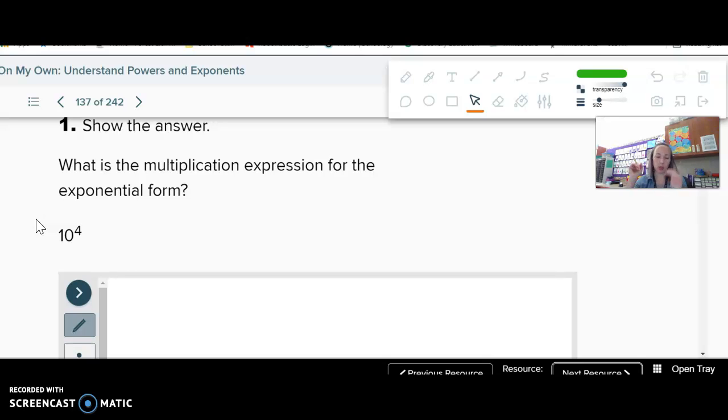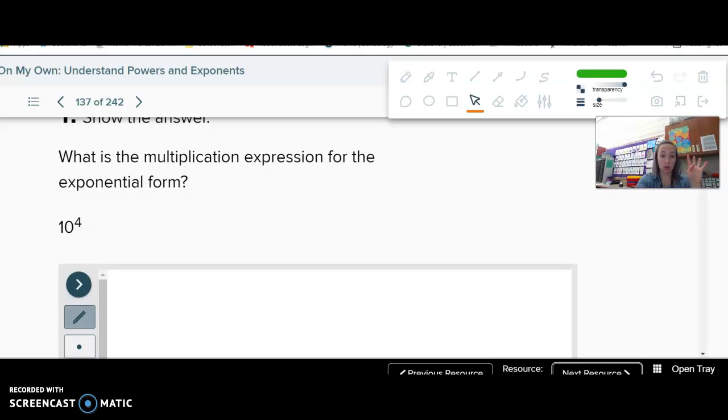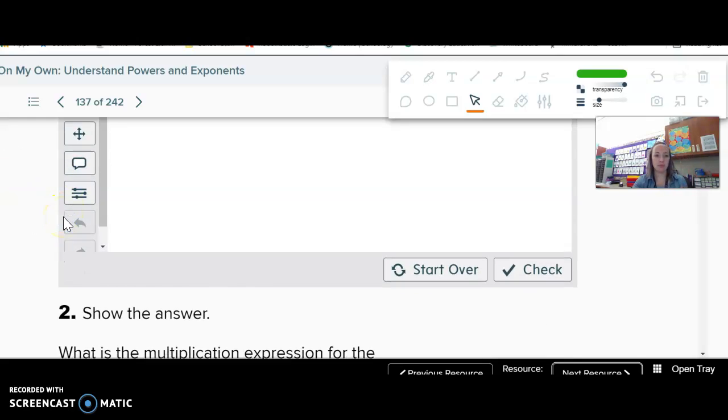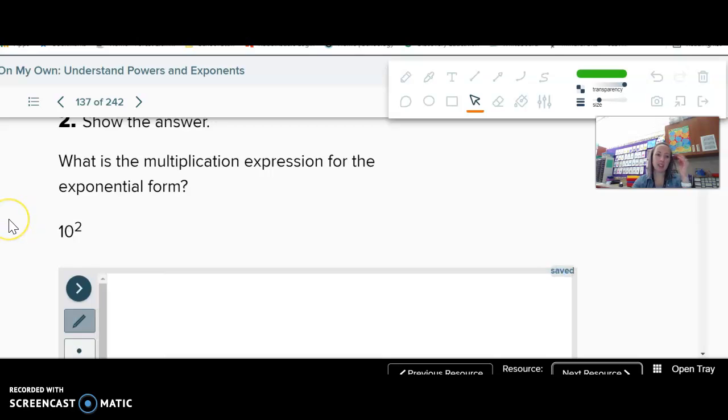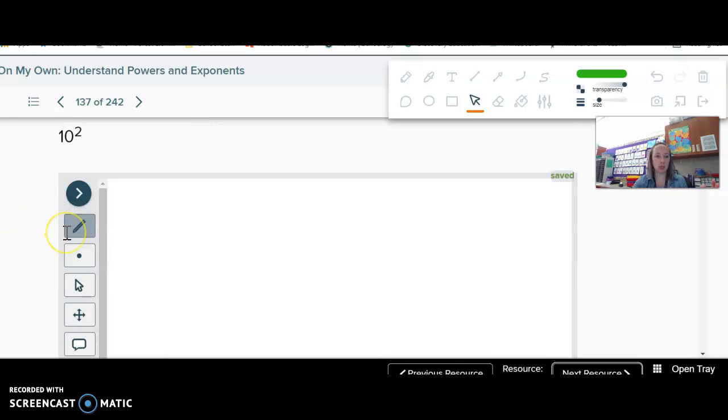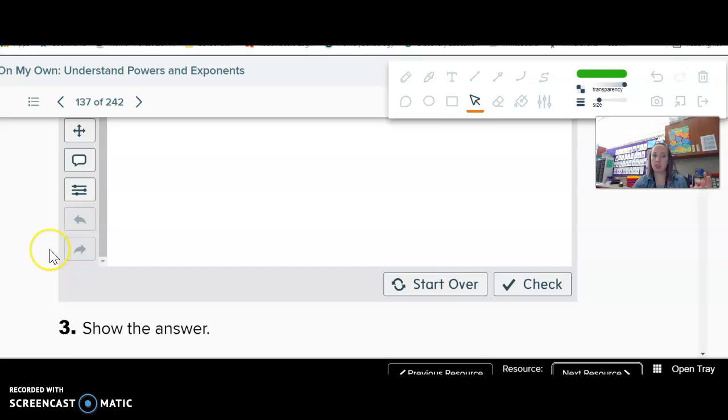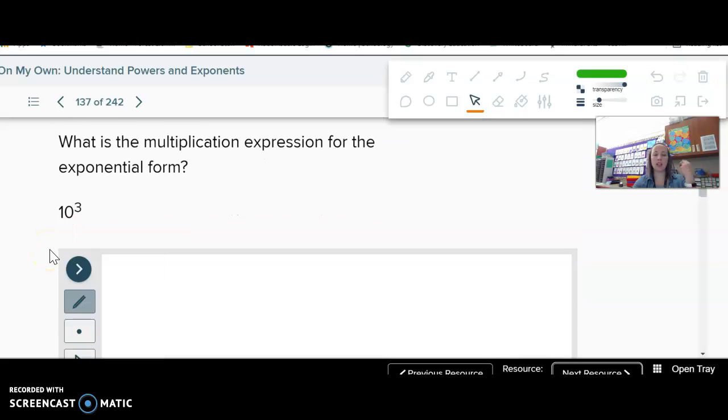All right, hopefully you picked the one with 4 tens, because I have a power of 4, which means I'm doing 10 times 10 times 10 times 10. All right, we're going to skip these because, again, you're just doing it that many times. 10 to the 3rd power is 10 times 10 times 10.